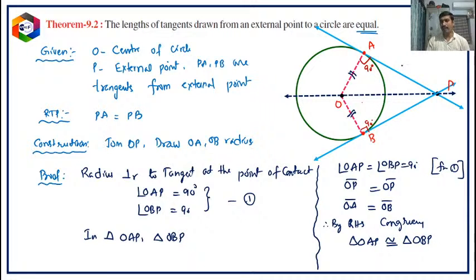Okay children, whenever these two are congruent, by CPCT, that means corresponding parts of congruent triangles. Why? Because here AP corresponds to PB or BP. So therefore automatically the corresponding parts will also be equal. Therefore AP must be equal to BP or PA must be equal to PB. Anything we can say that.